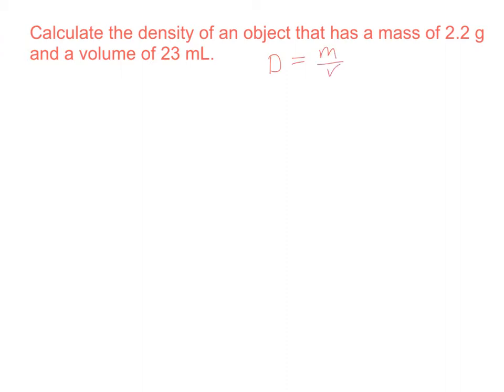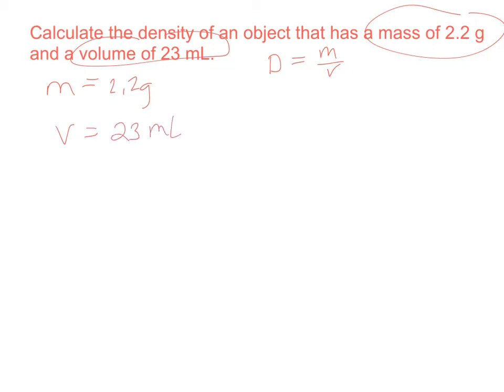Okay, they have given us our mass of the object, 2.2 grams. They've also given us the volume of the object, 23 milliliters. Okay, and they've asked us to solve for the object's density. Okay, so that's our unknown.